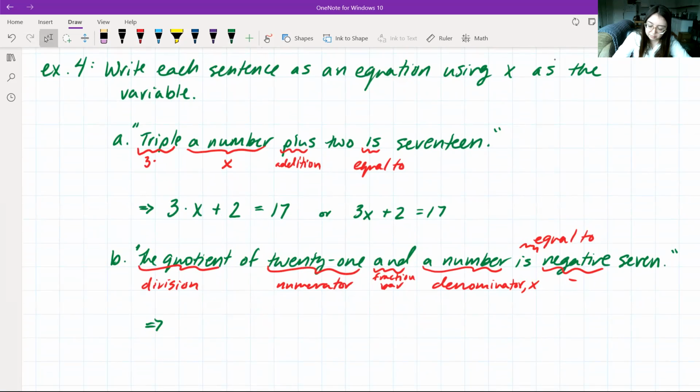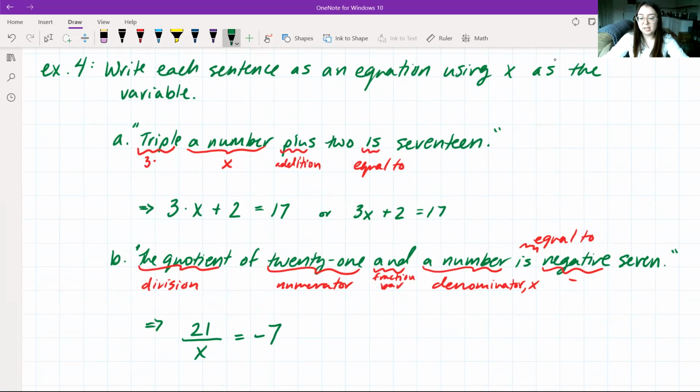Our numerator being 21 and a number x. So we have 21 divided by x is equal to -7. And that would be our final answer there.